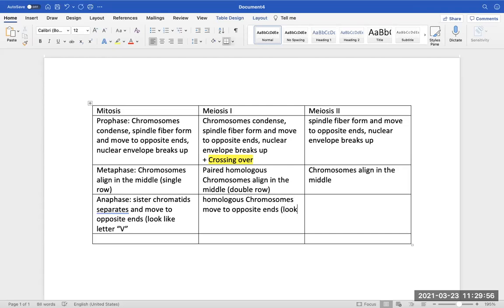And they look like the letter X. Sister chromatids remain joined. That's something new. This is different.